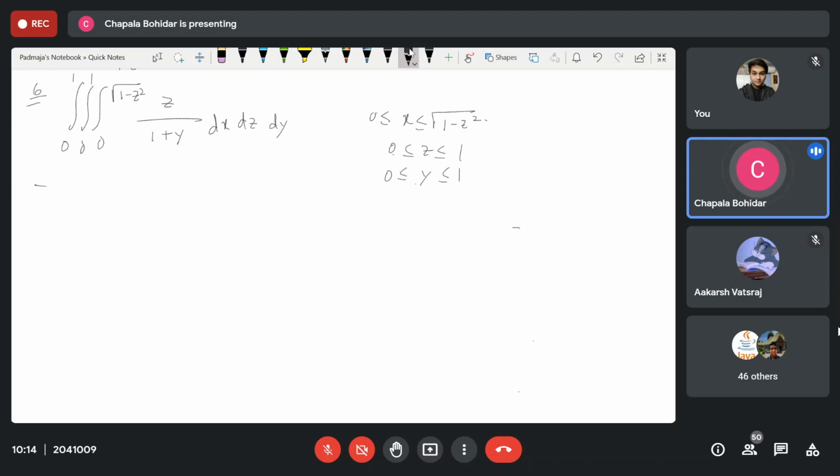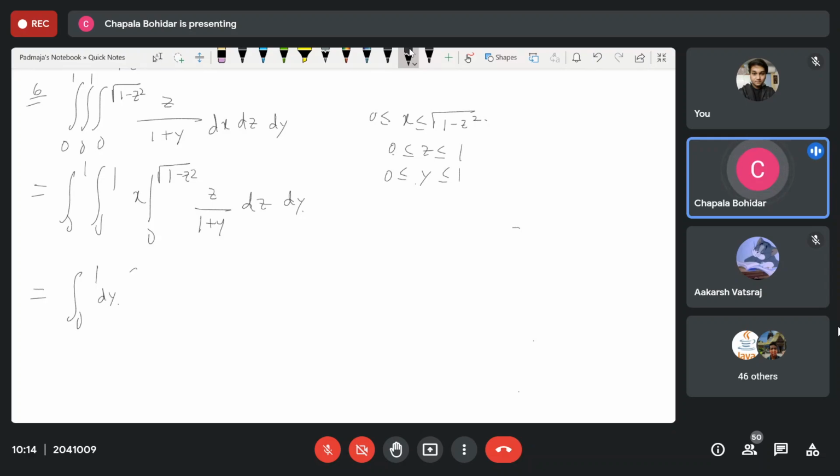This is equal to 0 to 1, 0 to 1, and that is only x, with the limiting value 0 to root over of 1 minus z square, then z by 1 plus y, then dz dy. Okay, so I can write this as 0 to 1, the value for y, separately as dy.